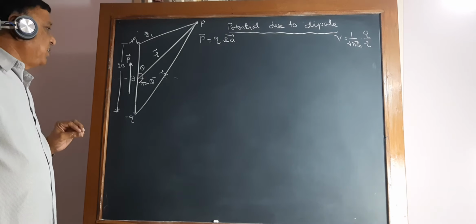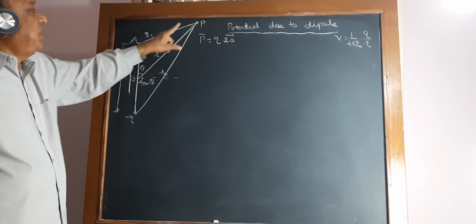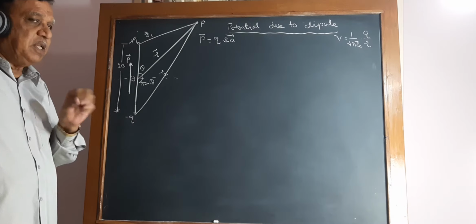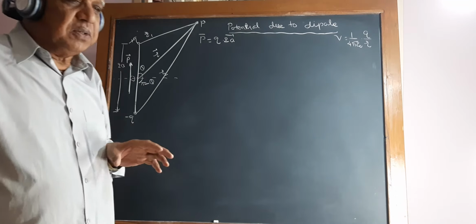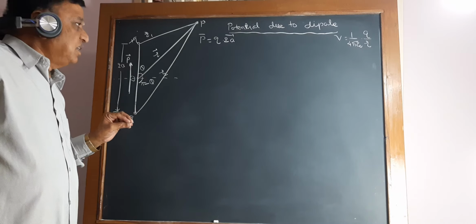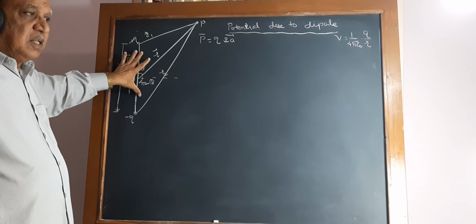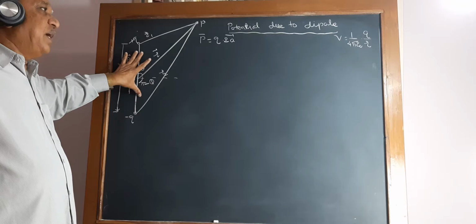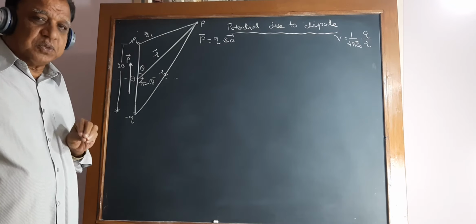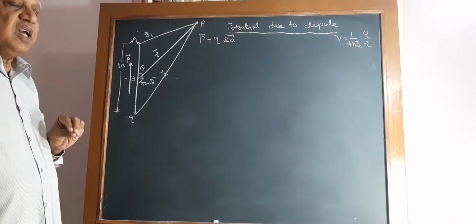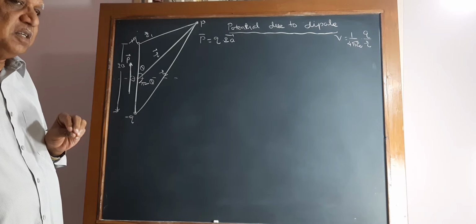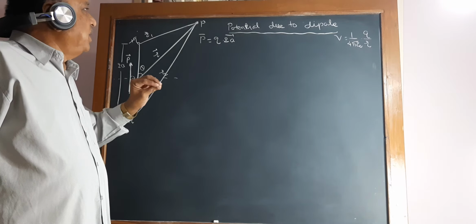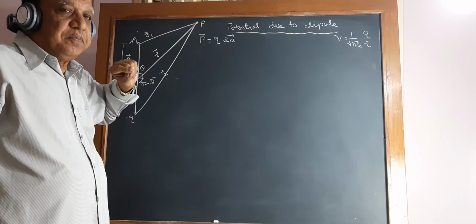Now suppose we have taken a point P where the field is to be found. As we know, two charges are there. Due to the dipole, a field is produced, and at that point we have to calculate the potential.